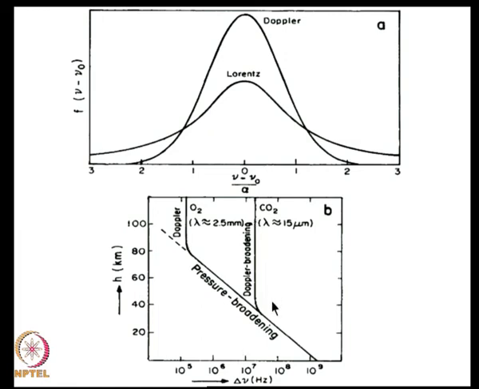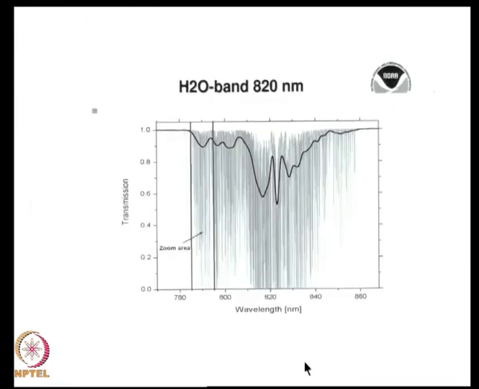So, this is the distinction you have to remember between the kind of line which you will get in the upper part of the atmosphere, where Doppler broadening dominates, versus the kind of line structure you will see near the ground because of the smearing of the lines.